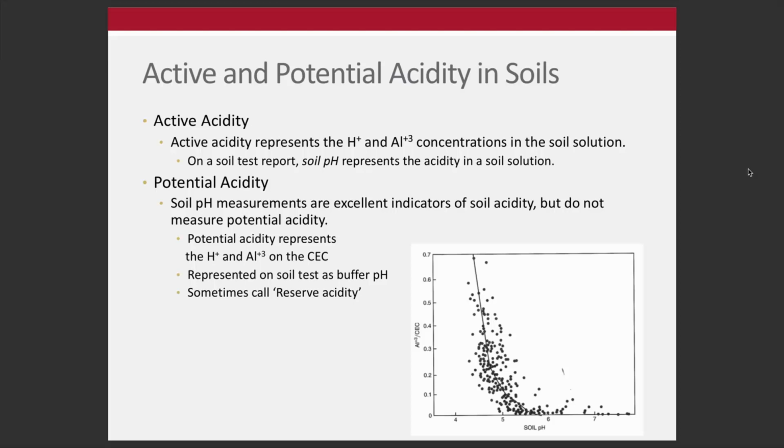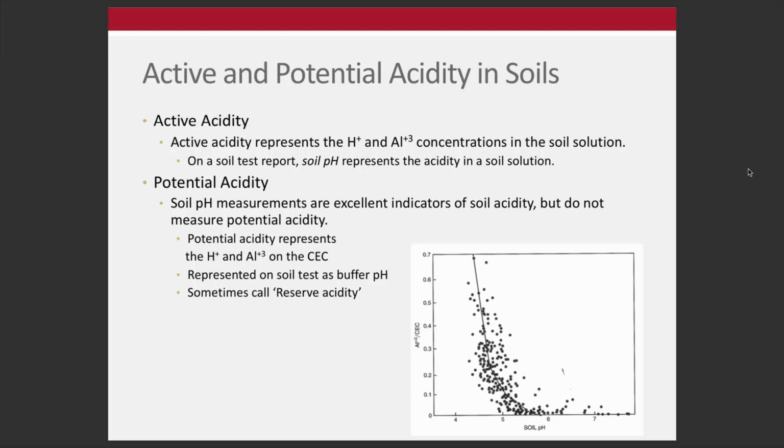And then there's this concept of potential acidity, which deals with the ability of the soil to buffer against pH changes. In other words, the active acidity is the pH at any given moment, and the potential acidity is more related to the function or the structure of the exchange sites and the ability of that soil to resist pH changes.